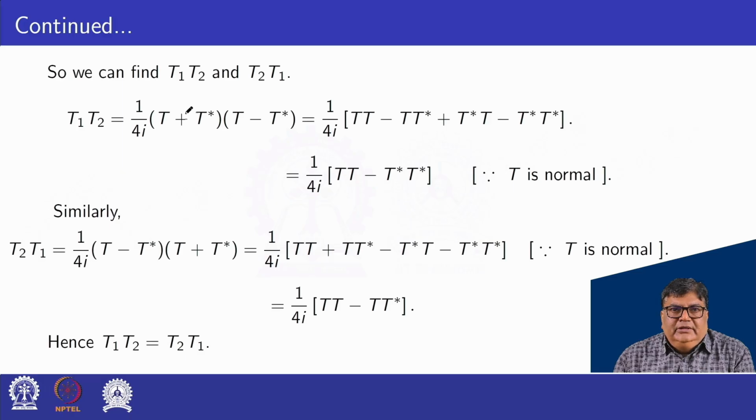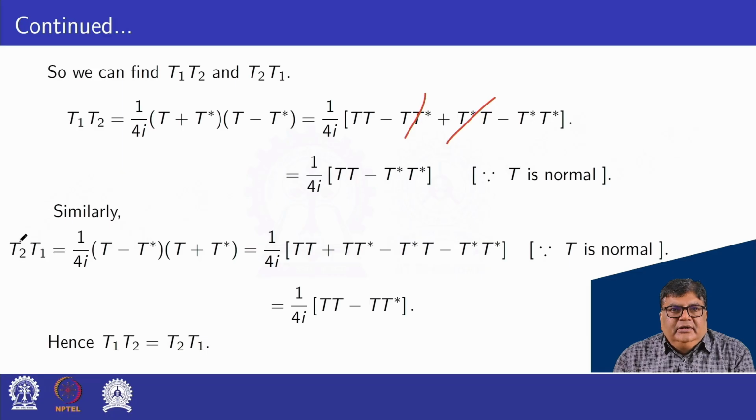Multiplying this out, we have TT plus T star T, and with the minus sign, minus T T star, and minus T star T star. Since T is normal, T T star is equal to T star T, so these cancel out. So we have 1 upon 4i into TT minus T star T star.